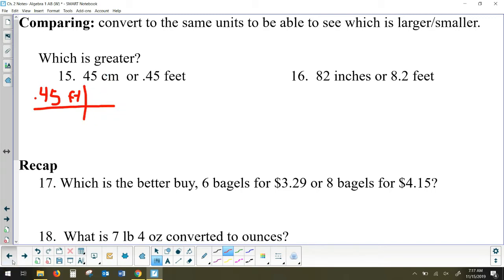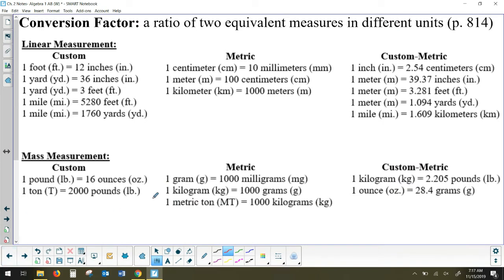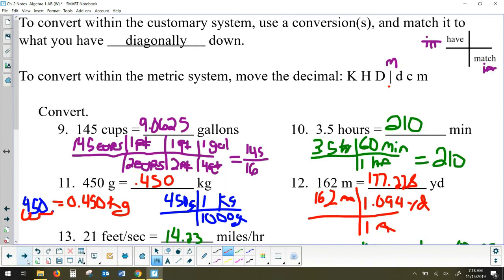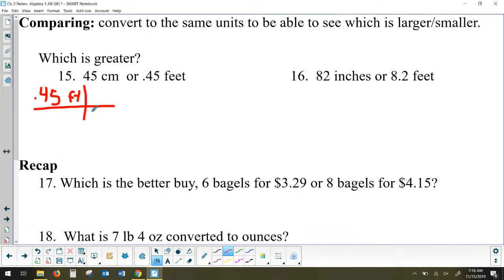We look back at our conversion chart. Is there anything that goes from feet to centimeters? We have meters to feet. We have inches to centimeters. So unfortunately, no, there's nothing that goes straight there. But we did see that there was an inch to a centimeter.